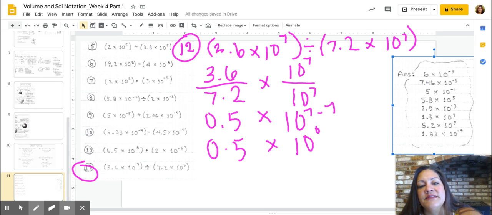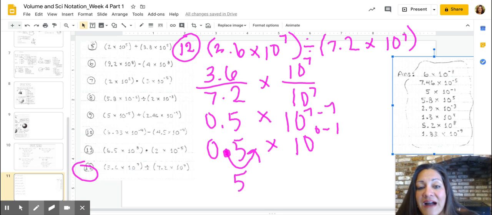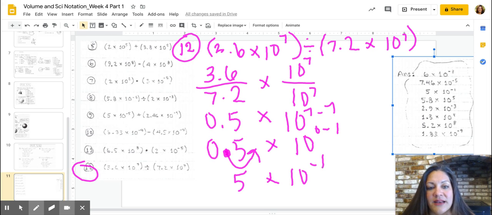But we have this decimal right here. And we need to move it this way. And we're going from a small number to a bigger number. So that means we are going to subtract 1 up here. Okay, so now that leaves us with 5 times 10 to the negative 1. And there it is.